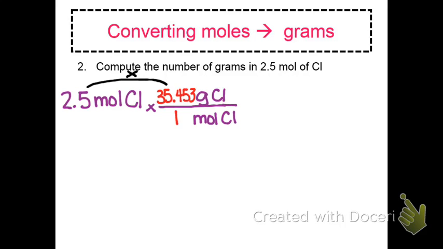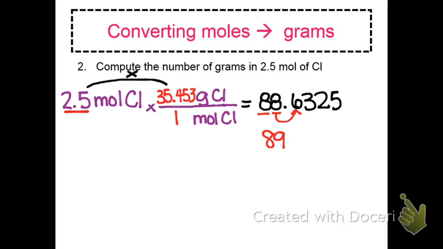Times 35.453, you get a calculator answer of like 88.6325. But of course, we have to do sig figs, so we go back to the original problem. This original problem has 2, so you're only allowed 2 in your answer. So I keep 1, 2, look next door to 6, so round up. So the actual answer is 89, and we're going to label it grams of chlorine.